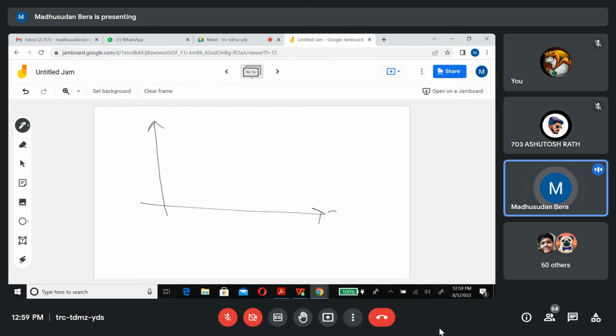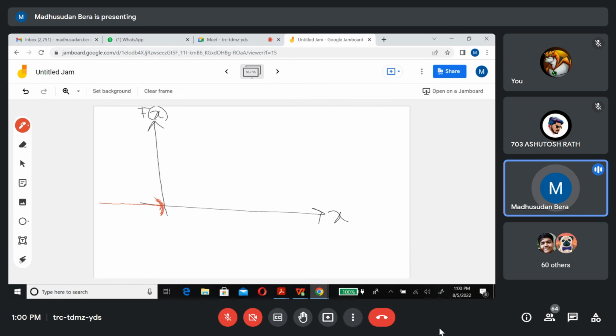Suppose this is the x-axis, and this is capital Fx. In this example, before 0 it is 0, so that is the graph up to 0, and that's why we get an open end here.